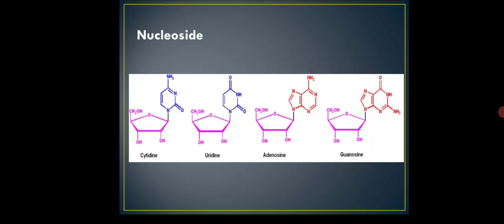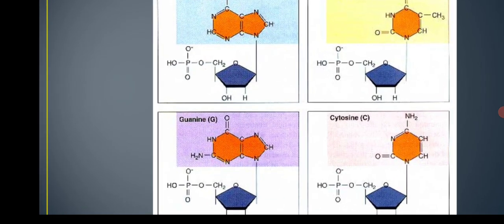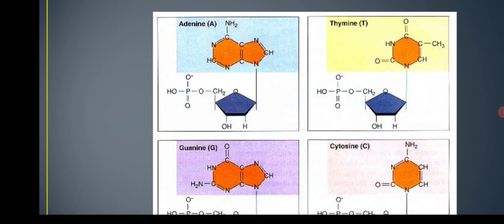Then this phosphate group, deoxyribose sugar and nitrogen base attach with each other to form the nucleotide, and they are generally of four types.